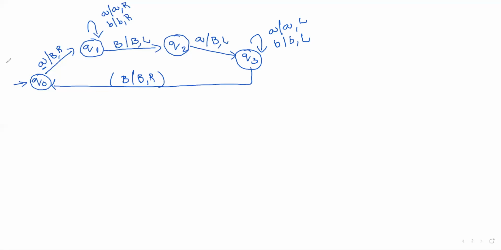This is the procedure if the string starts with A. Suppose we have one more possibility: the string can start with B also. What to do? If the string starts with B, then B is replaced with B and then move in the right direction. The concept is the same. Replaced with B, move to the right direction.